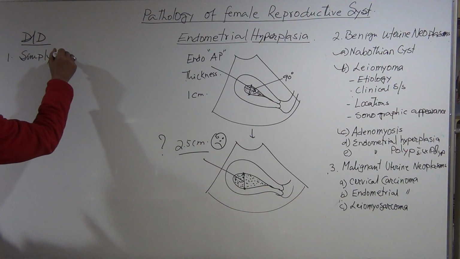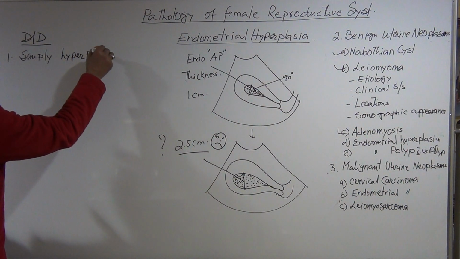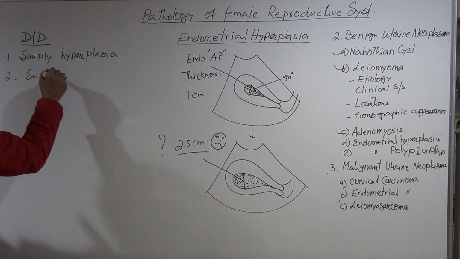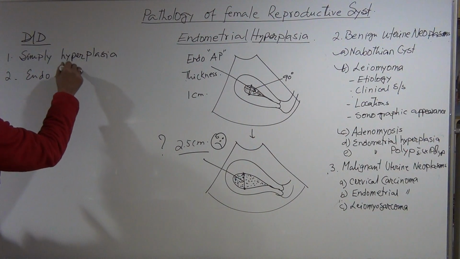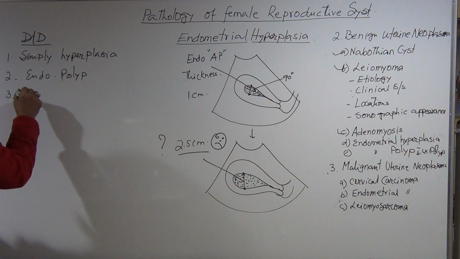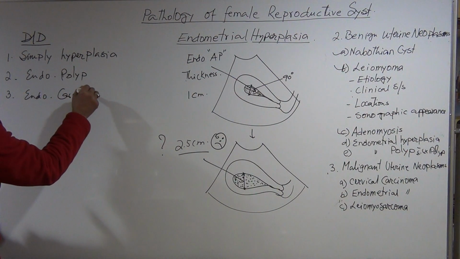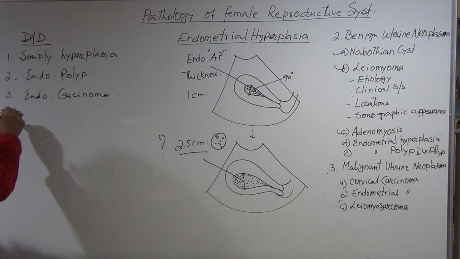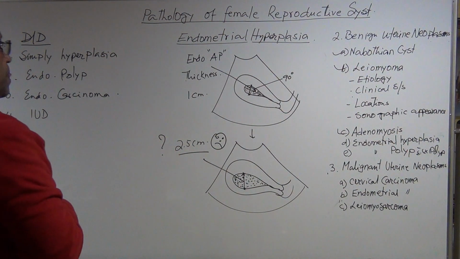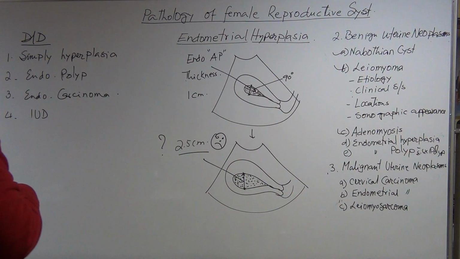Simply hyperplasia, endometrial polyp, then endometrial carcinoma, and it could be an IUD. Then you can see the thickness.